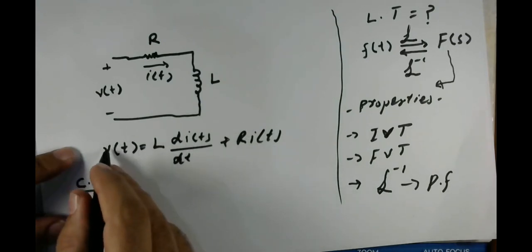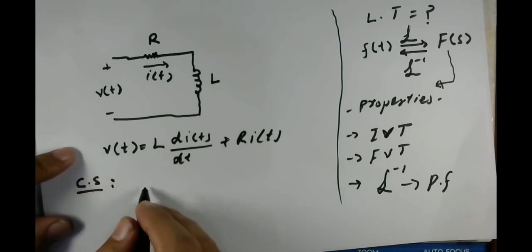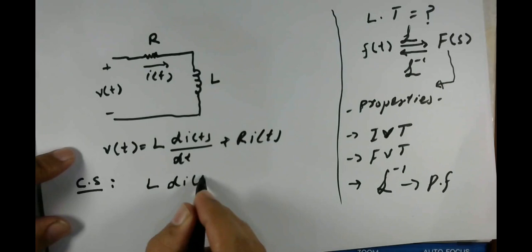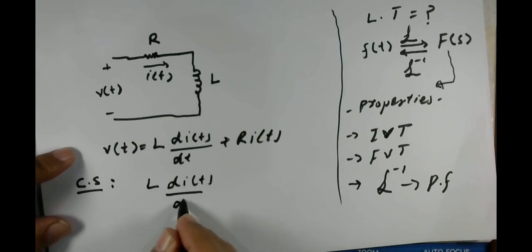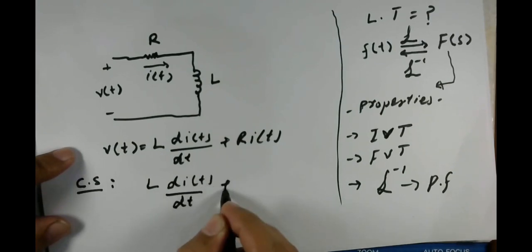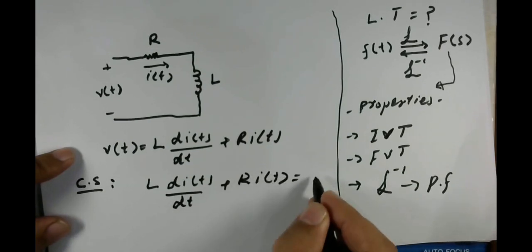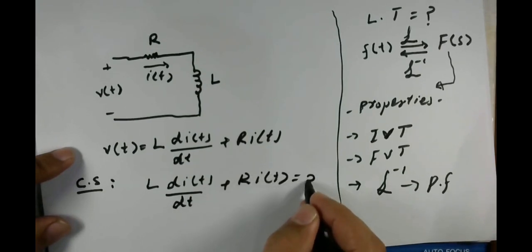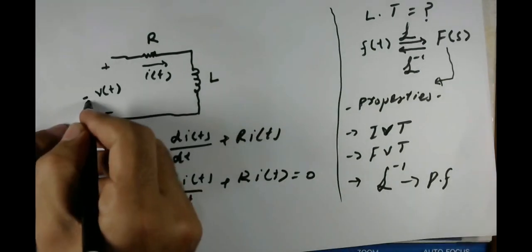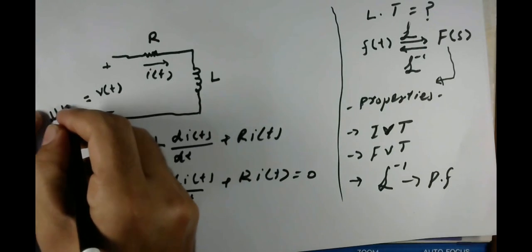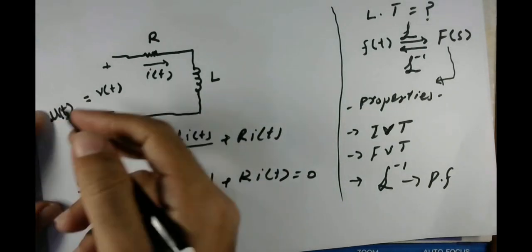If you make this term 0, you will get the equation L di of t by dt plus R I of t equal to 0. Remember the given source is u of t, so your input is just a step input.